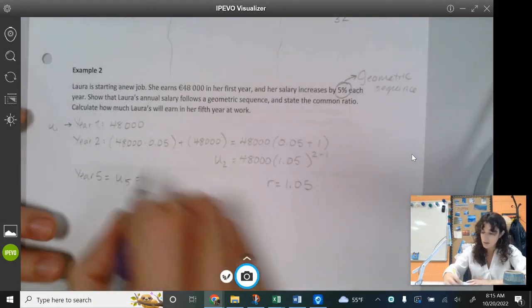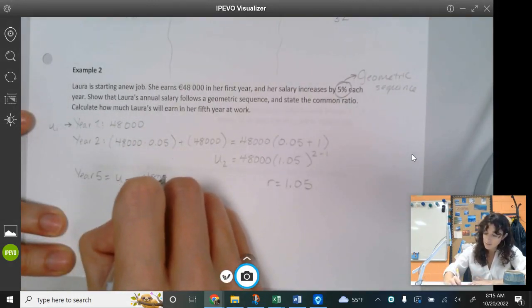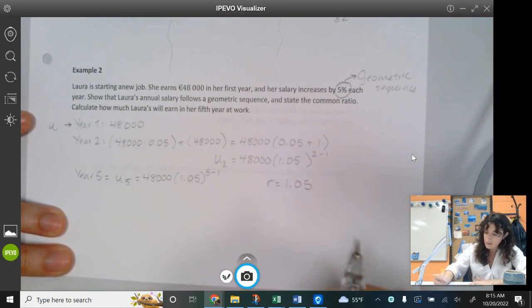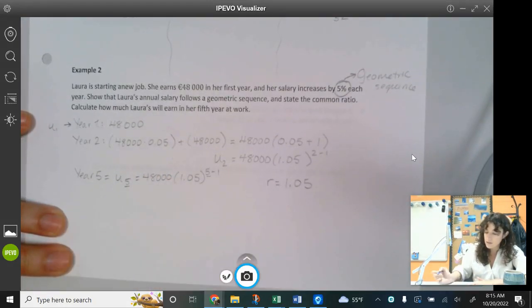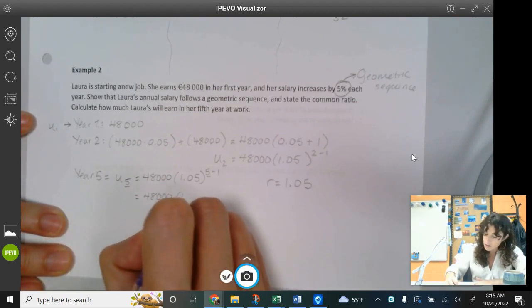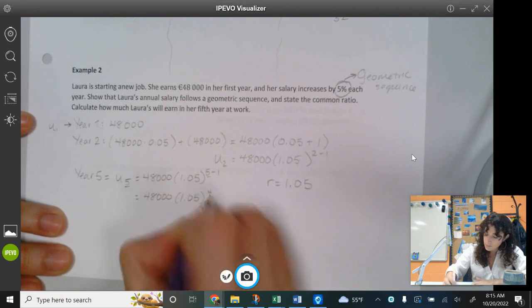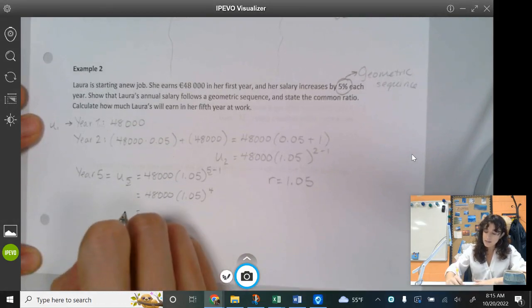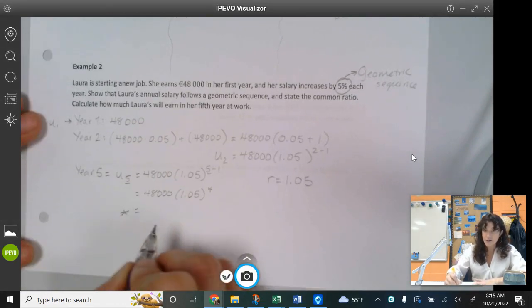So now we just get to use the formula. Right? Remember, n always matches with this guy down here. Go ahead and tell me what this is to 3 significant figures.